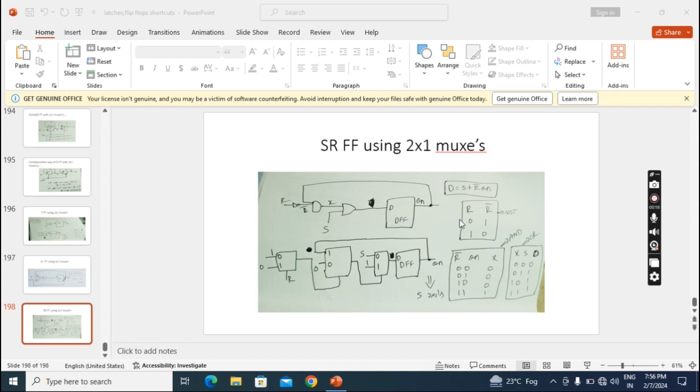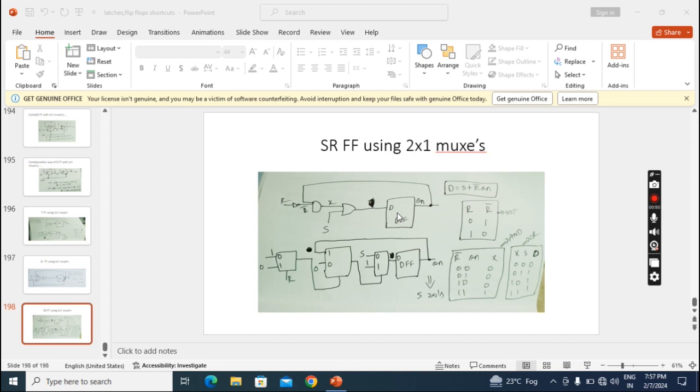And we know how to convert D into SR. So this is the equation, so connect that equation to this D. Now replace this NOT gate with a multiplexer, AND gate with a multiplexer, OR gate with a multiplexer. Total 3 multiplexers, and this D flip-flop contains 2 multiplexers. Total 5 multiplexers. For the NOT gate, AND gate, OR gate, I have given truth tables here.